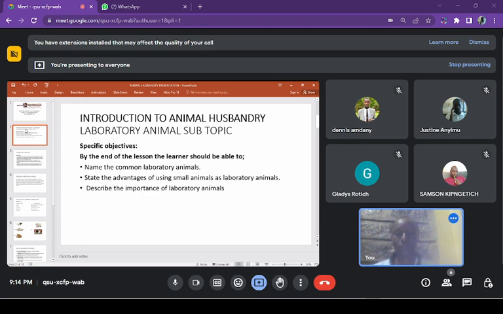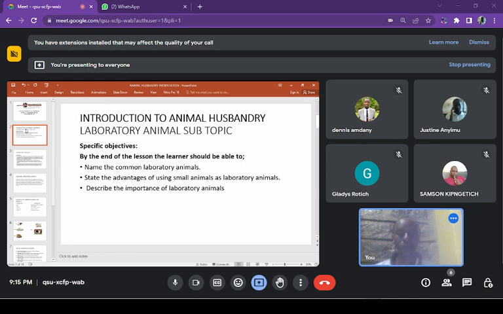We are going to look at some of the common laboratory animals, and also we shall see some of the importance of those laboratory animals, or their uses, as they are reared within the controlled environment, the laboratory. We shall also see some of the advantages of preferring to use those small animals as laboratory animals.